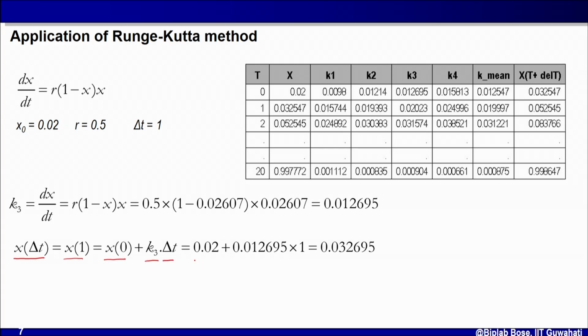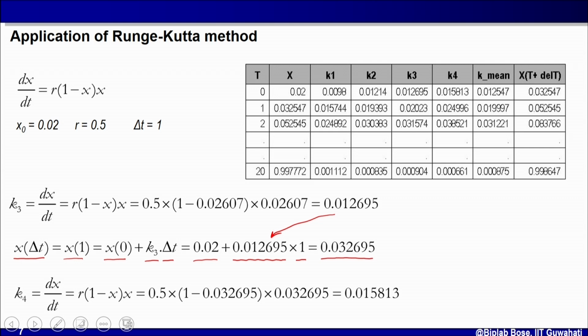So if I put numerical values, x at 0 is 0.02, that is the initial condition, plus the value of slope that I have calculated in the last step into 1, the time step size, is equal to 0.032695. So that is the value of x when I extrapolate the straight line having slope k3 from x at 0.